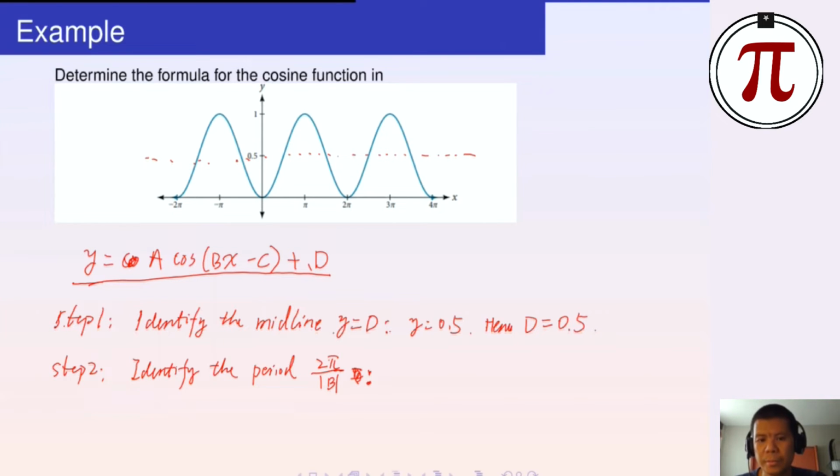You can see that the period is 2 pi, from 0 to 2 pi, from 2 pi to 4 pi, from negative 2 pi to 0.